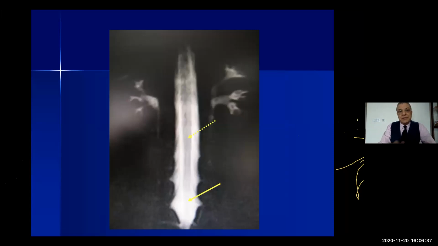So here you can see it very clearly in the anteroposterior projection that the cord didn't end here, but it goes all the way down. And as I mentioned, intraoperatively, it was even below that level. And let me tell you that in this case, the patients are lucky when they have this wide spinal canal.